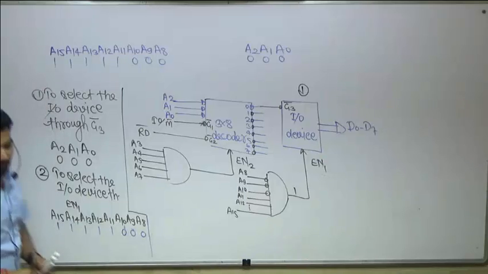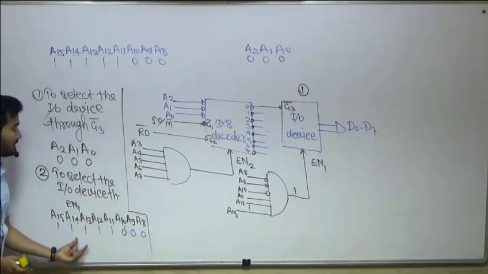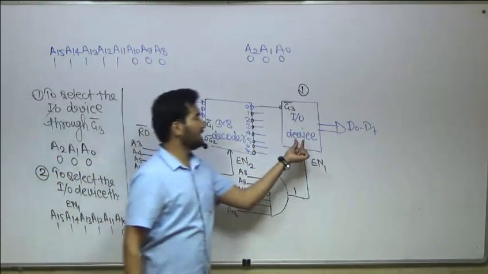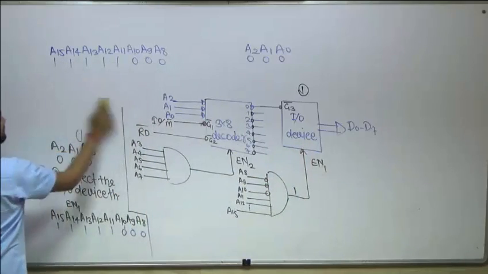Now I'll rub this off. We have written the conditions over these address lines so that we can enable the input output device.